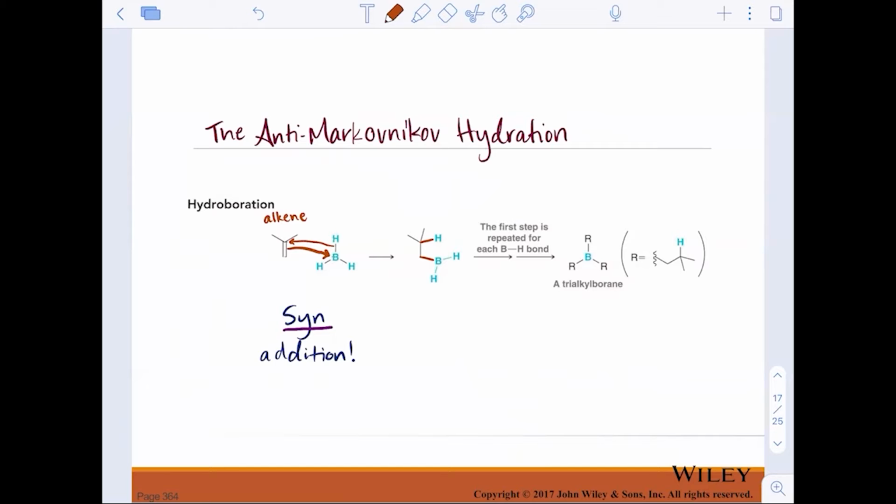We're going to dive into the stereochemistry in just a little bit, but I wanted to make sure that we understood that one major reason why it is important to understand that these two arrows occur at the same time is because when we think about where the boron gets placed, that is where the oxygen is going to get placed at the end of the day.